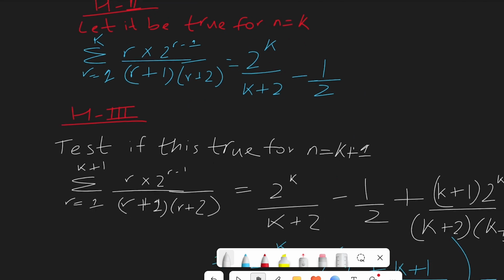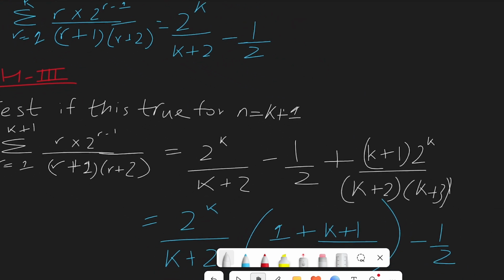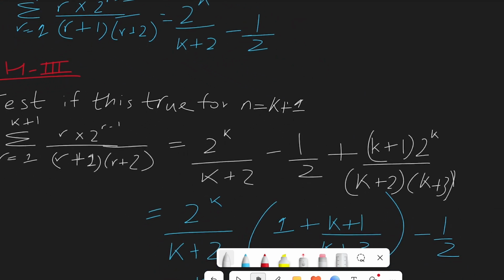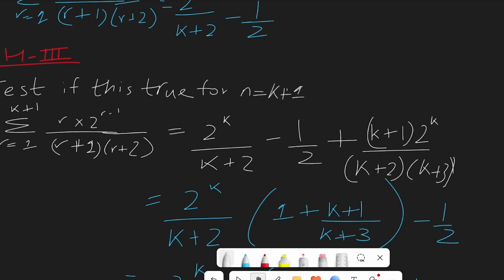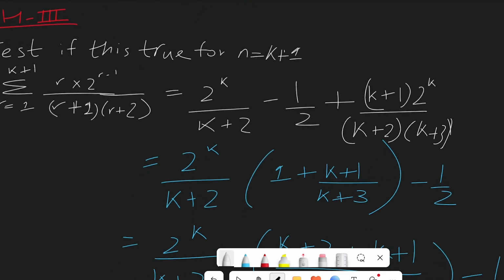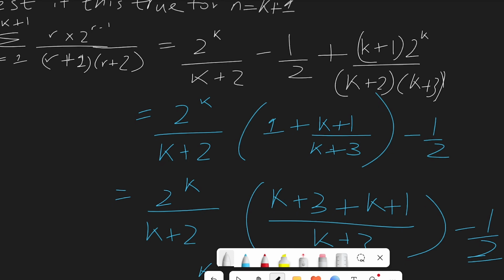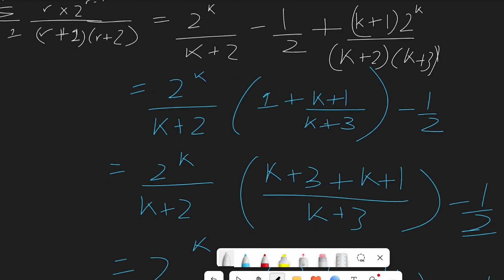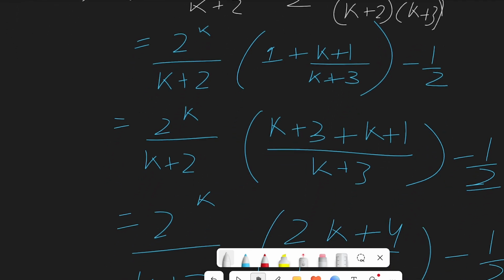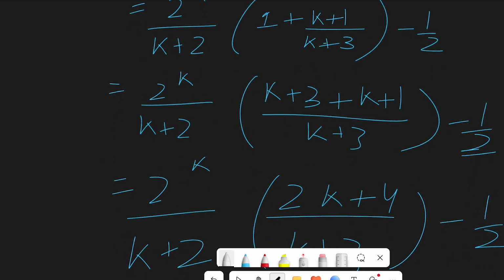Over k plus 2 minus 1 over 2 plus k plus 1 into 2 power k, k plus 2, k plus 3, exactly. Okay, 2 power k over k plus 2, 1 plus k plus 1 over k plus 3, yeah. 2 power k, k plus 3 plus k plus 1, 2k plus 4 over k plus 3.